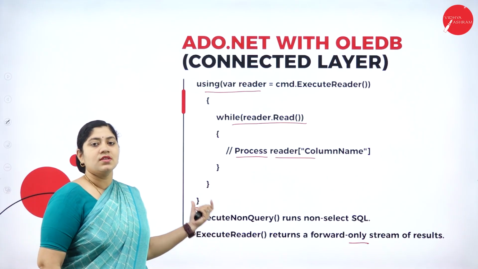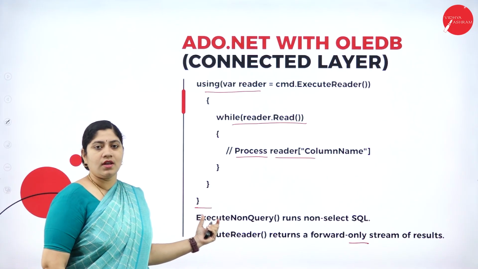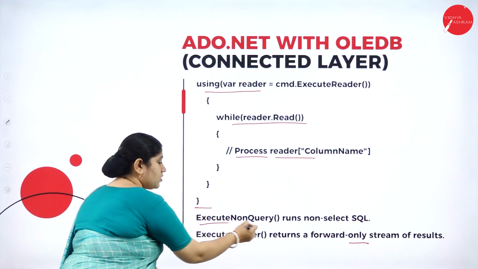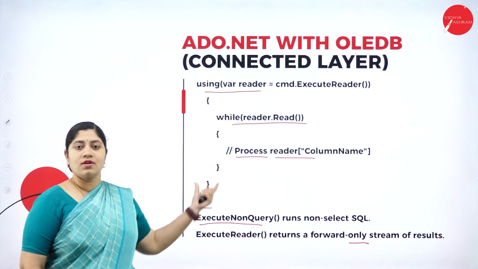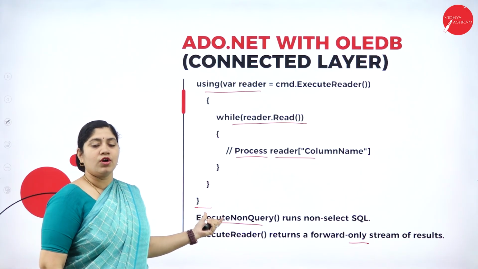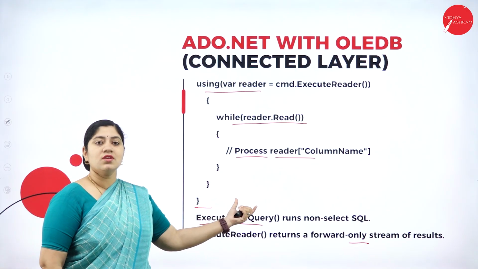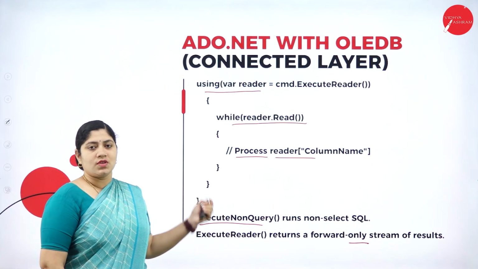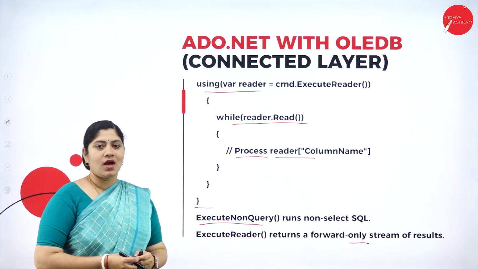So this is the instruction and its description. We have utilized ExecuteNonQuery in our code, correct? What it does is run only with non-select SQL commands. So this is all about our connected architecture.